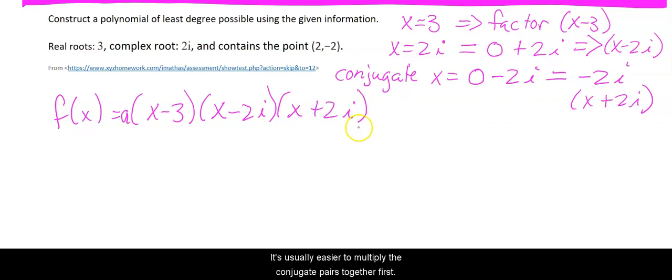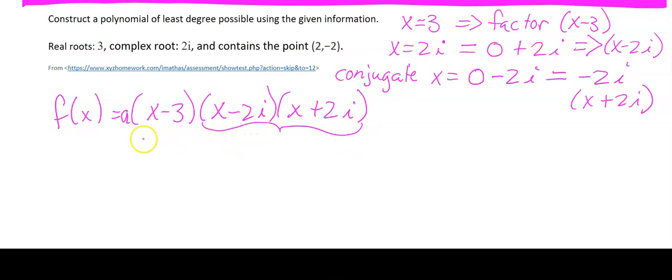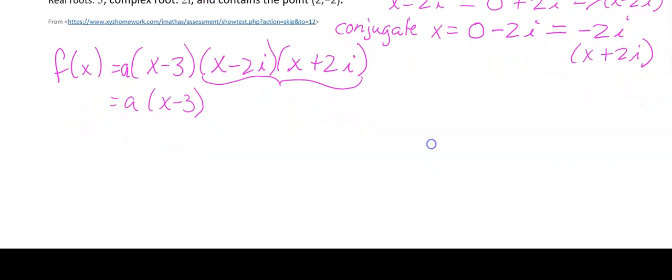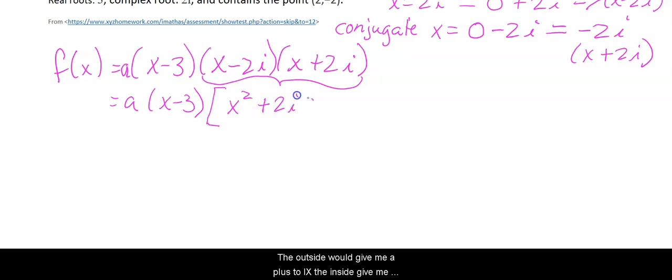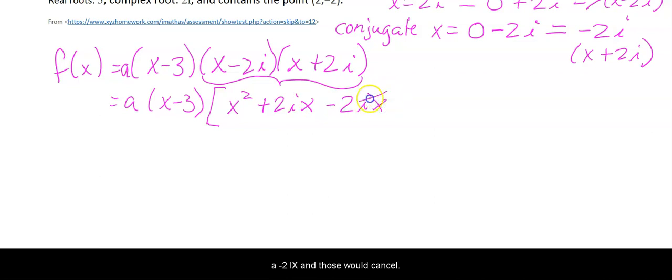It's usually easier to multiply the conjugate pairs together first. This would leave the a and the x minus 3 hanging out front. This would give me x squared. The outside would give me a plus 2ix. The inside would give me a minus 2ix, and those would cancel. That's the conjugate pattern.